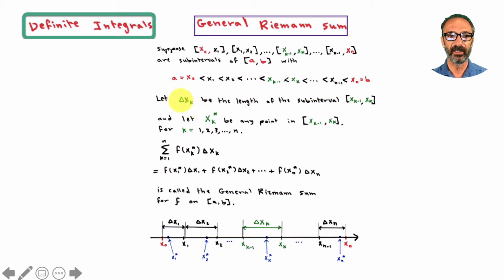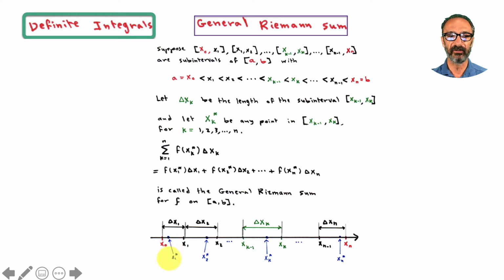Let delta xk, this right here, be the length of the subinterval as stated from here to here, and let x sub k star be any point in between. Then the Riemann sum reduces to this format: width times height, width times height, width times height, all the way. The height, instead of calling it left or right, we're going to take it to a point inside.